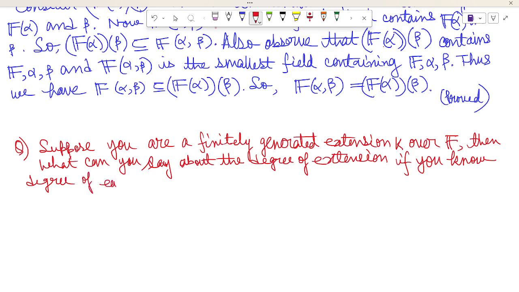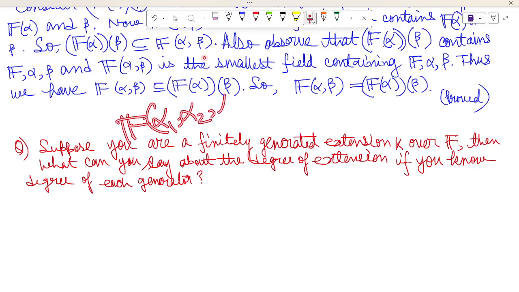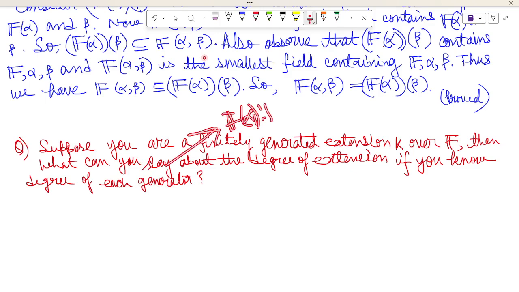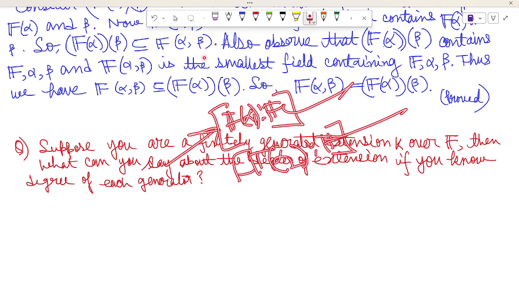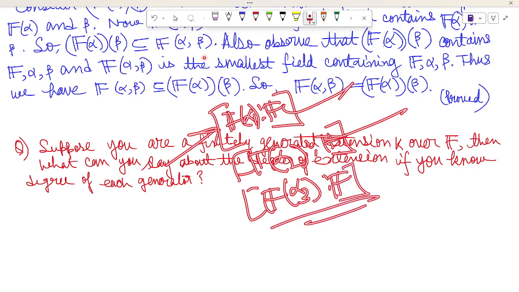Suppose you are given, for example, alpha 1, alpha 2, alpha 3, which is K over F. Now, suppose you know what is F alpha 1, F alpha 2 over F, the degree you know, and F alpha 3 over F, that you all know.